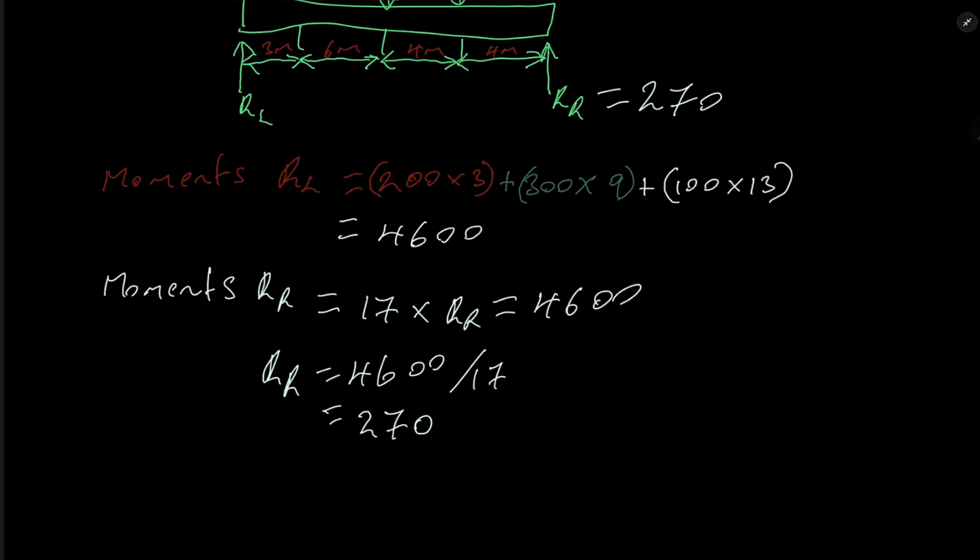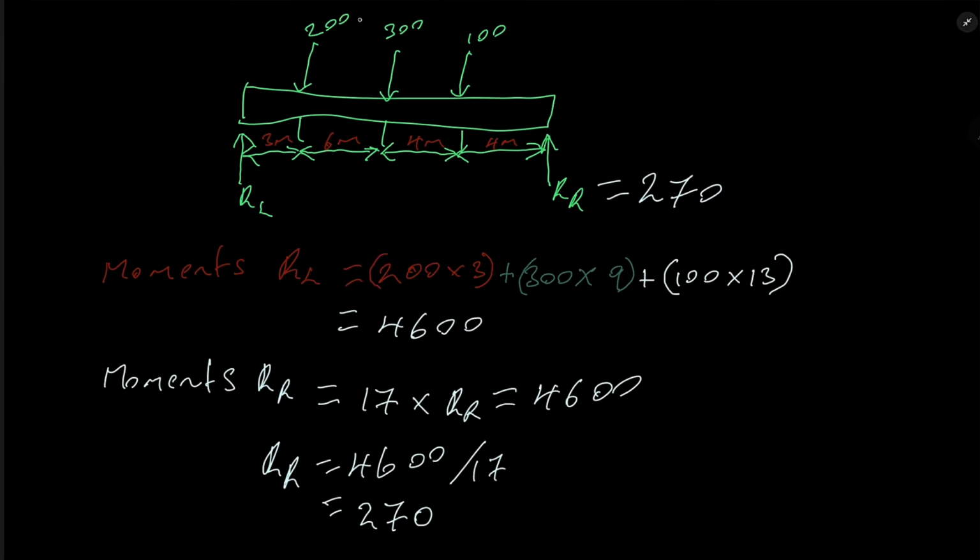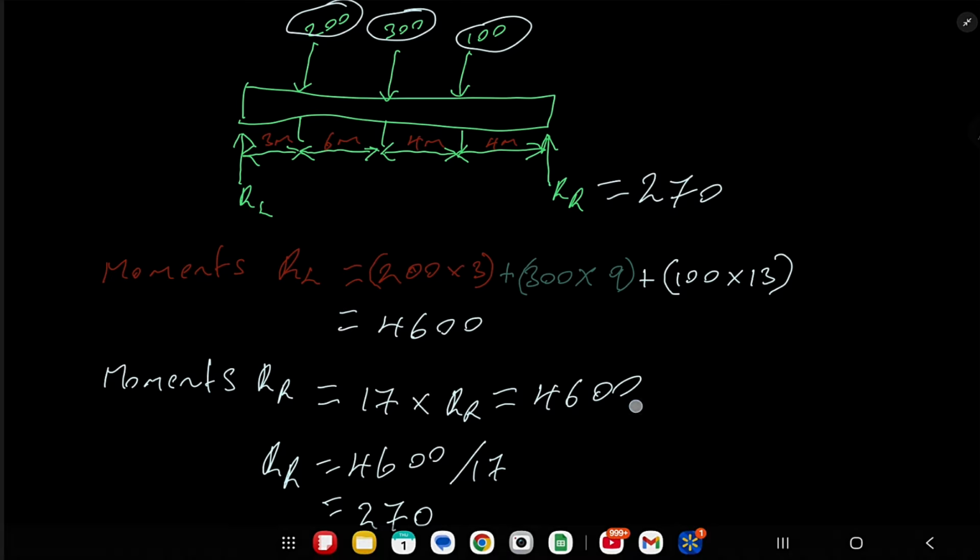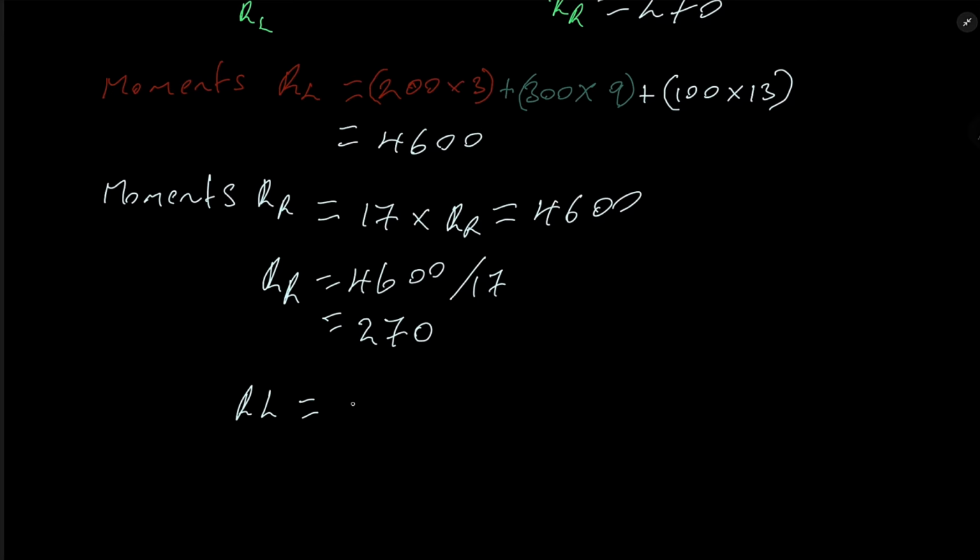We know the total force that is acting down, which is 600. So RL is equal to the total force, these three values added together, which gives us 600, minus that 270, and this will give us a value of 329.